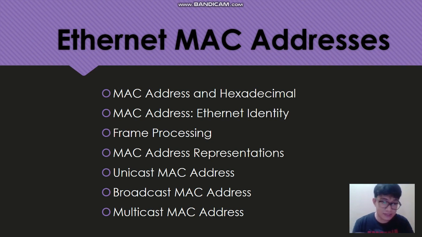The next one is the MAC address Ethernet identity. In Ethernet, every network device is connected to the same shared media. Ethernet was once predominantly a half-duplex topology using a multi-access bus or later Ethernet hubs. This meant that all nodes would receive every frame transmitted.